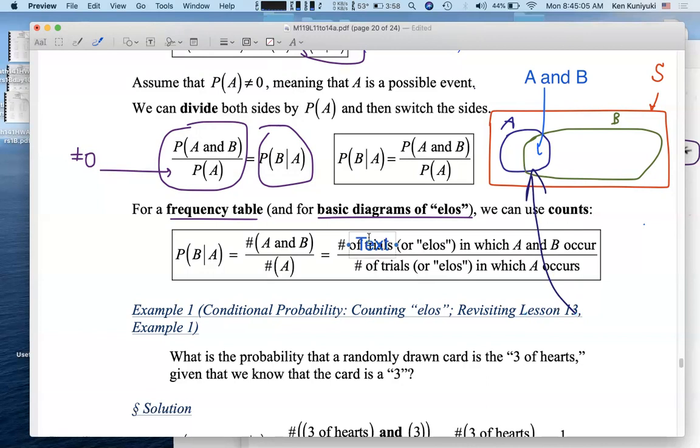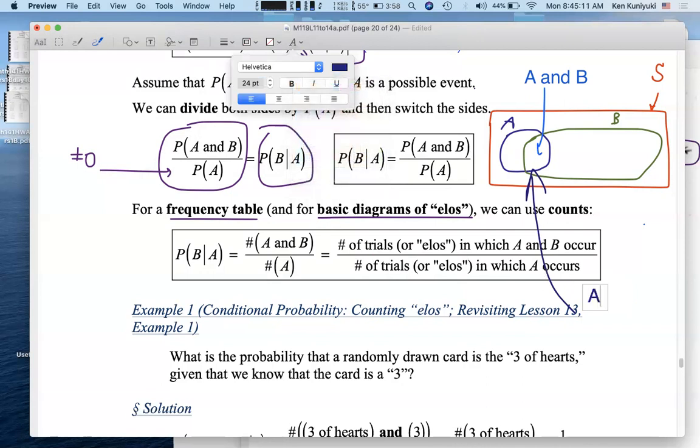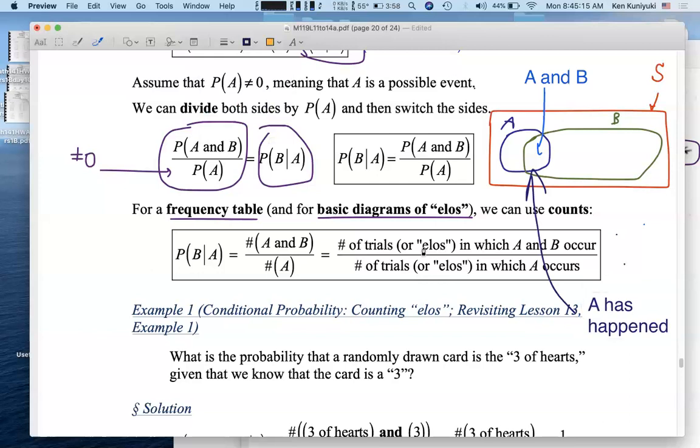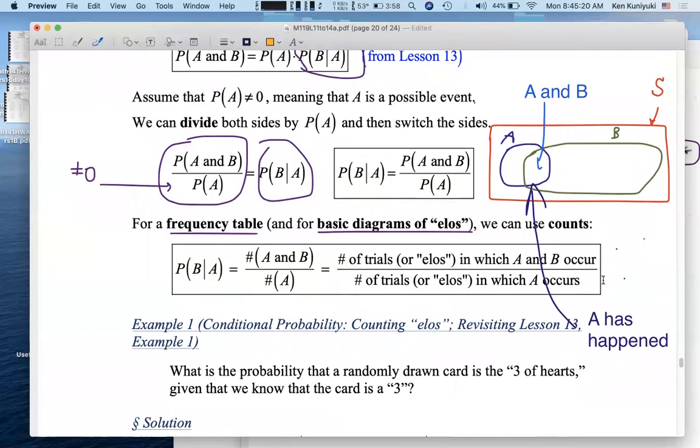A has happened. It's the event we're conditioning on. For example, the first card coming up is an ace. Given that A has happened, what is the conditional probability that B will also happen?